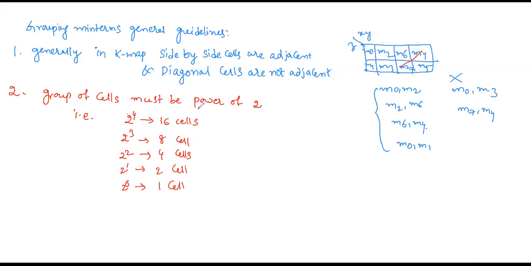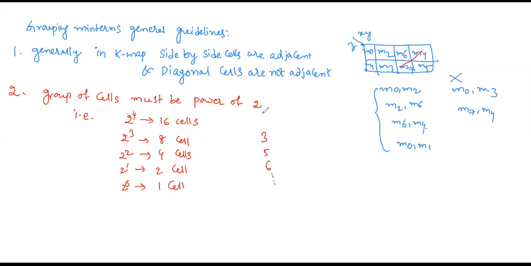So a group of cells must be a power of 2. You can group 16 cells as one group, 8 cells as one group, but you can't go with the grouping of 3 cells, 5 cells, 6 cells like that.